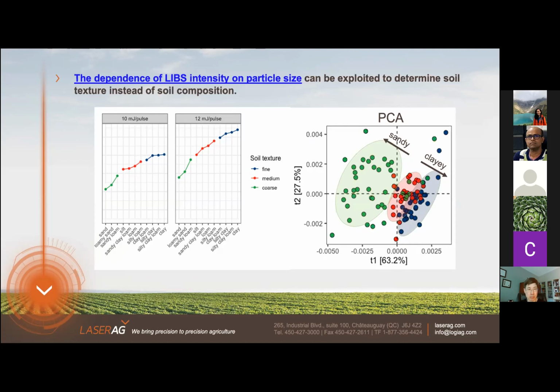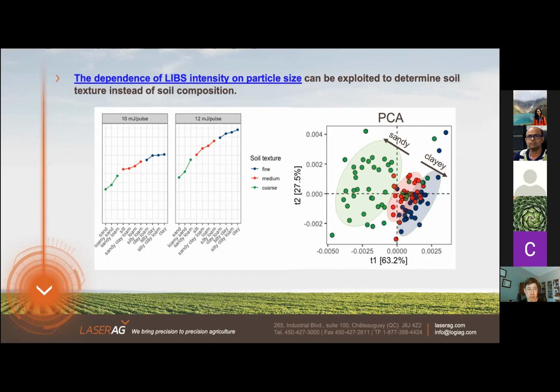But in terms of the soil texture, we want to measure the physical parameters of the samples, and for that, fortunately, we can see in the two graphs on my left how the LIBS signal varies with the texture of the soils. The LIBS signal has that information. So there is a perturbation of the texture on the intensity of the LIBS signal.